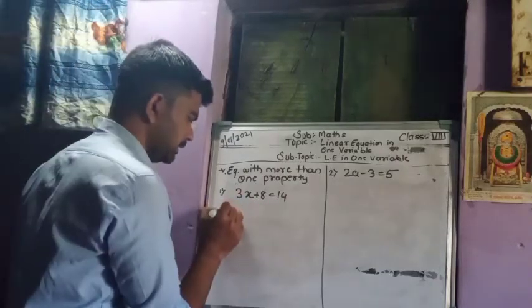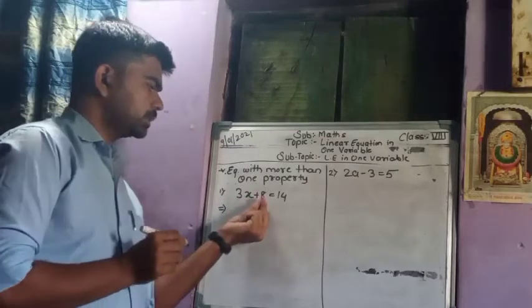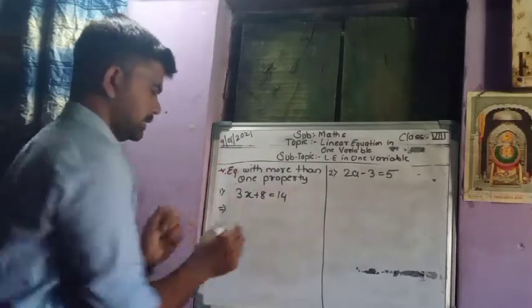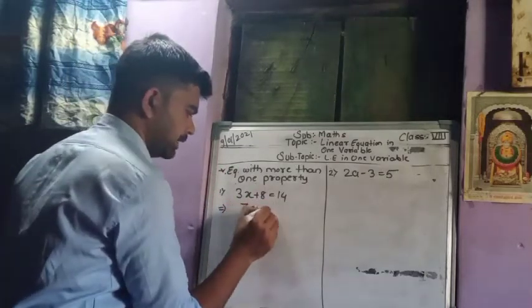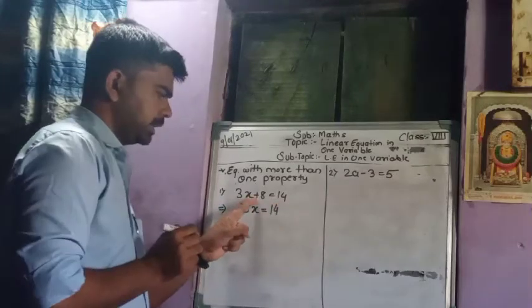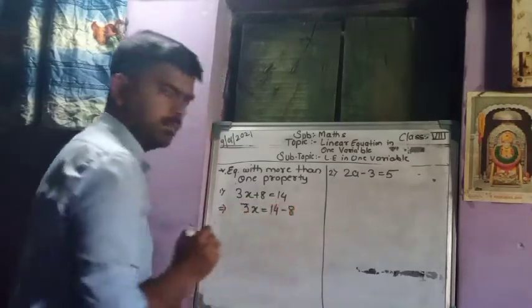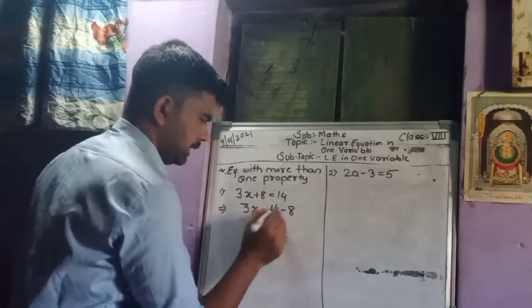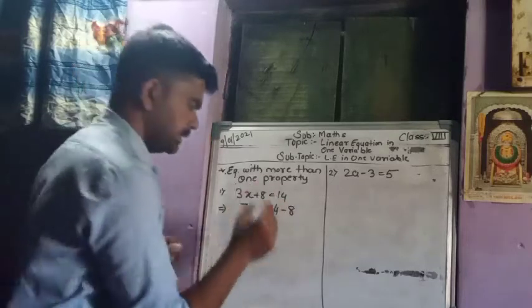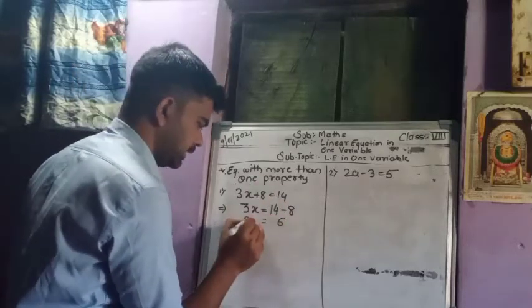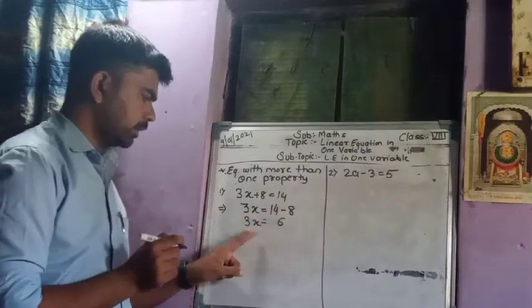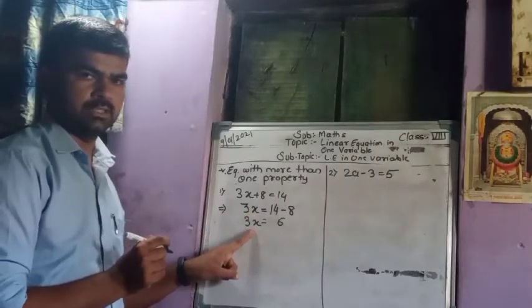How we can solve it is, first we have to take the constant value to the RHS. Then 3x equal to 14, it is plus 8, so it will become minus 8. Then 14 minus 8 is 6, so 3x equal to 6. Then we have to find the value of x, this variable.